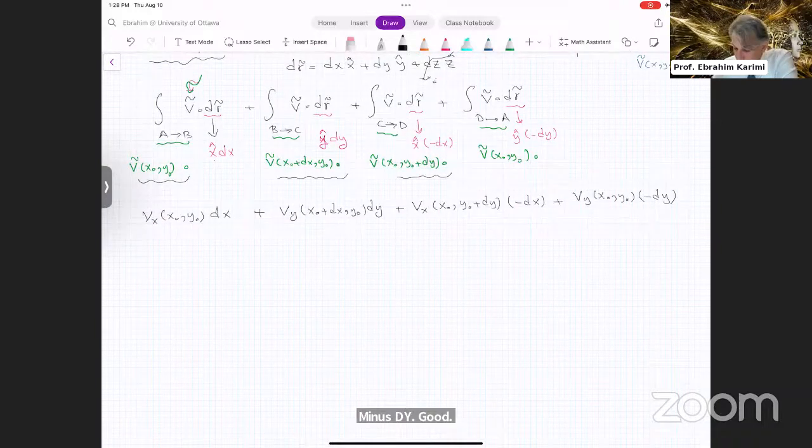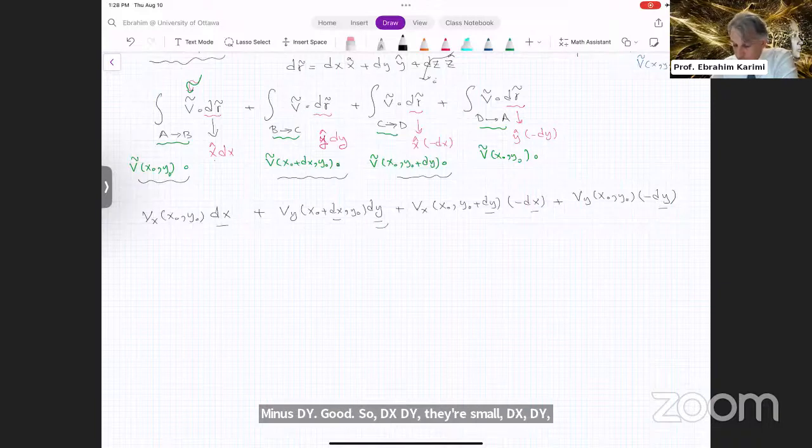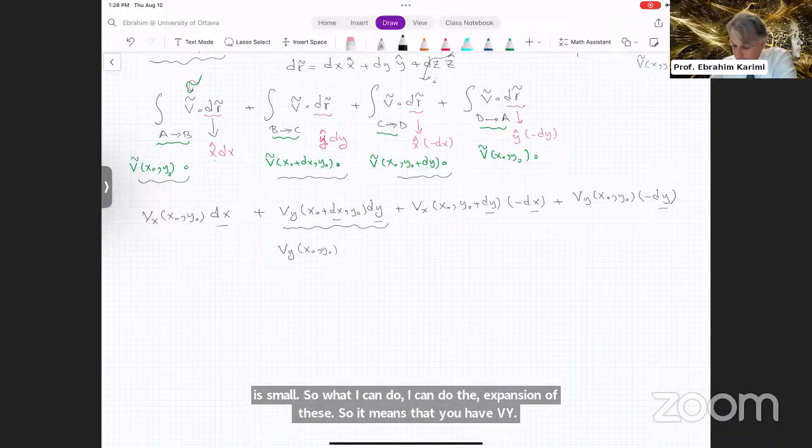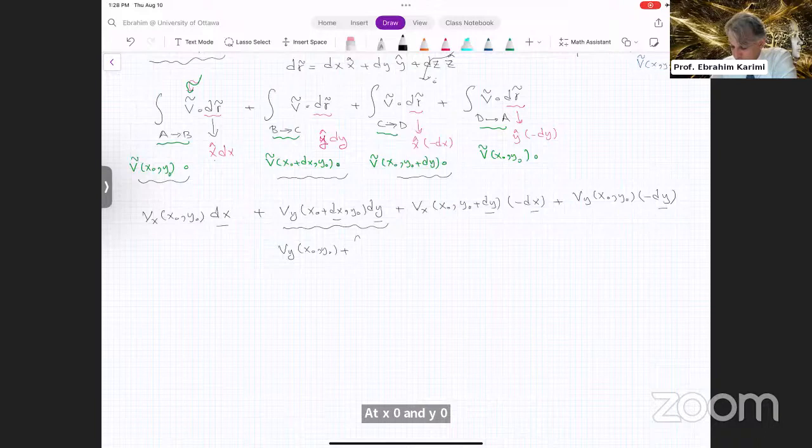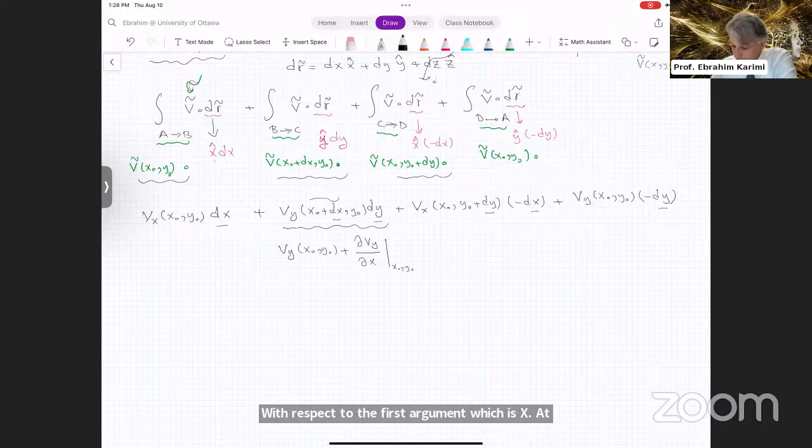So dx and dy are small, this is small. So what I can do is the Taylor expansion of these. It means that you have vy at x0 and y0, then you have the second term, the derivative of vy with respect to the first argument, which is x, at x0, y0, times dx, dy.